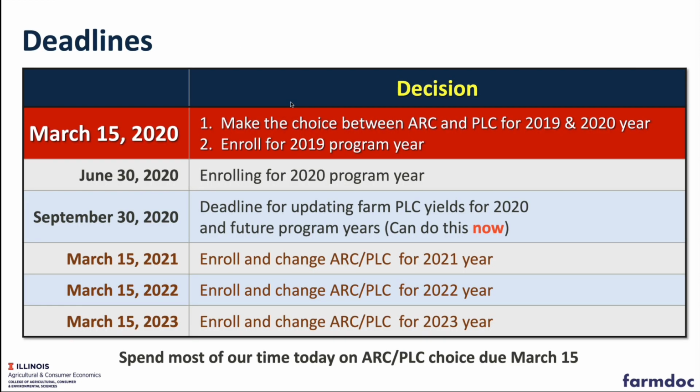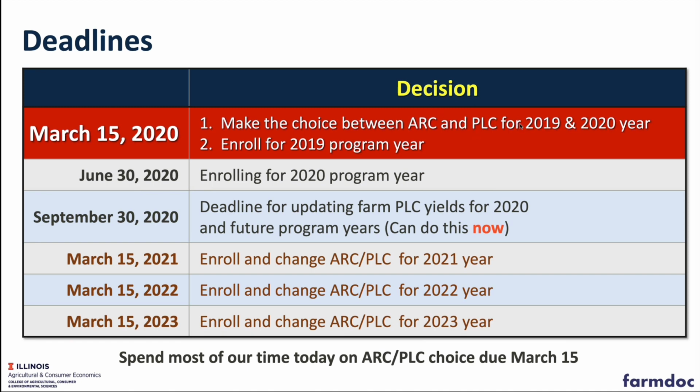Just a reminder, March 15th is the date we're shooting at, and actually it's March 16th, and you're going to be making an ARC PLC choice for the 2019 and 2020 years. Only 2019 and 2020, and that's where we're going to spend most of our time today. We're going to talk about that choice as well as SCO, because if you choose PLC, you'll be eligible for SCO.